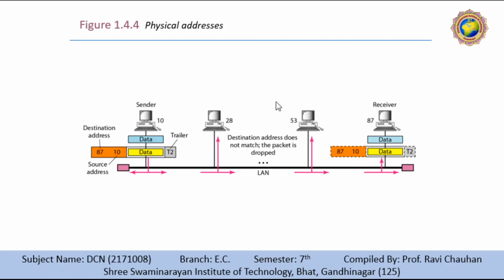The same thing will occur at node 53. When our packet arrives at the receiver which has physical address 87, our destination address matches the receiver, the packet is accepted and the data is given to the receiver. So it is a physical address figure.